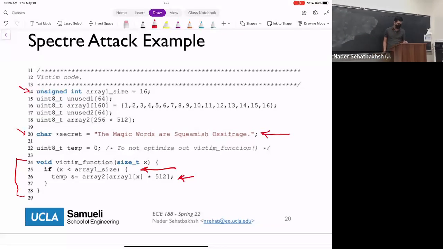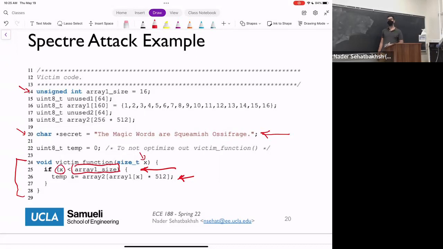So based on this array size and this input value that's coming from outside, it accesses another part of the memory.